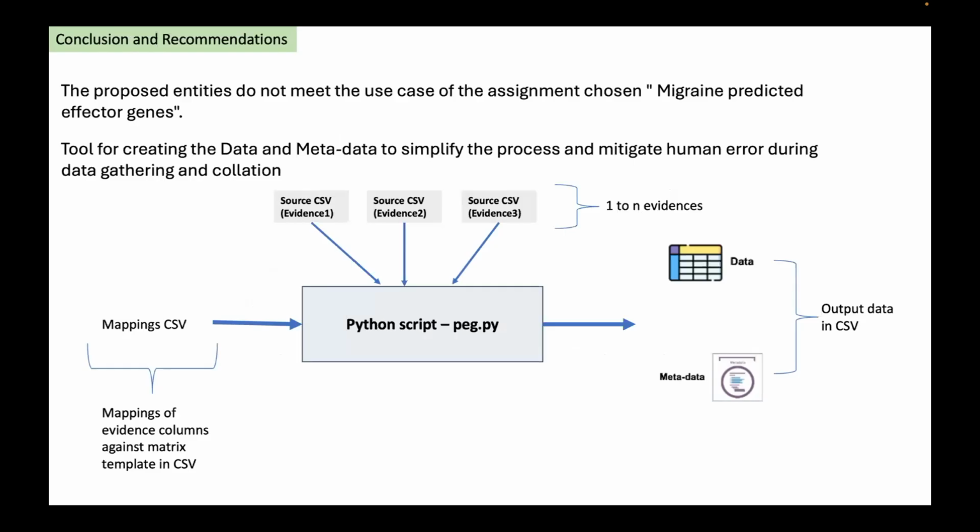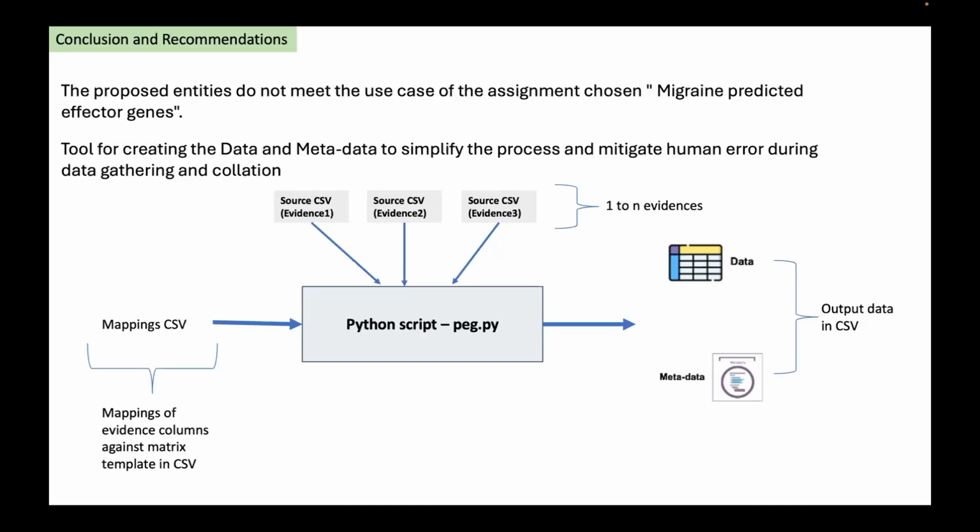I would suggest we propose more entities to meet other assignments, like for example, the migraine predicted effector genes. It does look like different traits have different entities that are compatible with them.